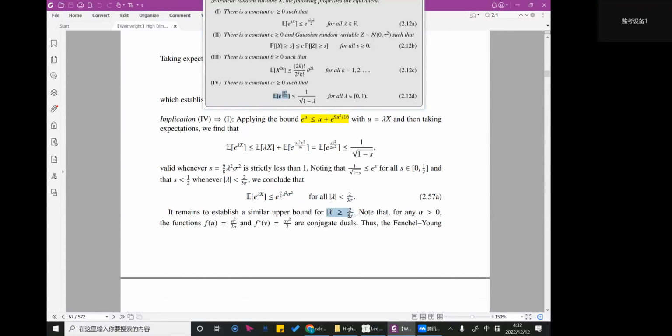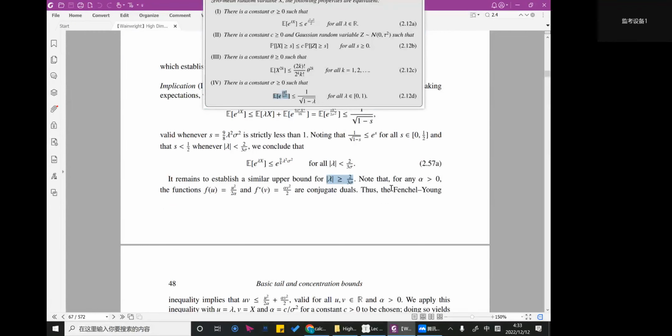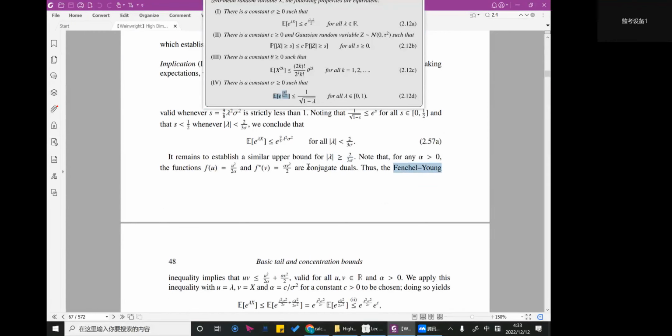So the author applied another inequality named the Fenchel-Young inequality, which uses the properties of conjugate duals. So we have the function and the conjugate dual, then this is satisfied.